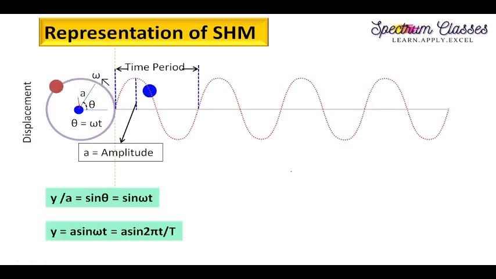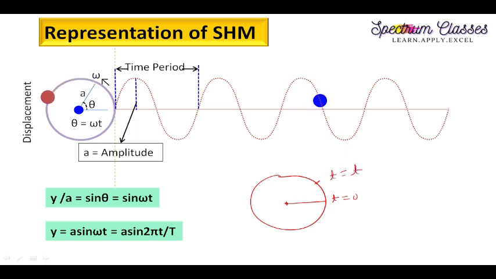Here I am just going to draw this. So suppose here is the circle, and this is the time t equal to 0 and this is the point, and at time t equal to t1, this point makes a projection over here, right?